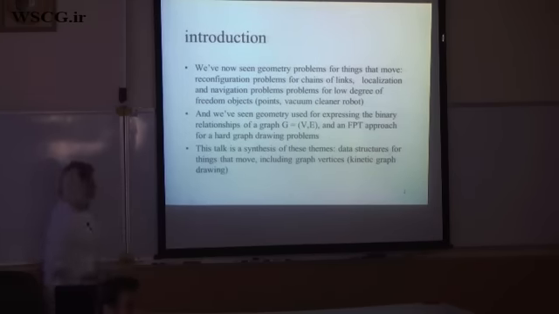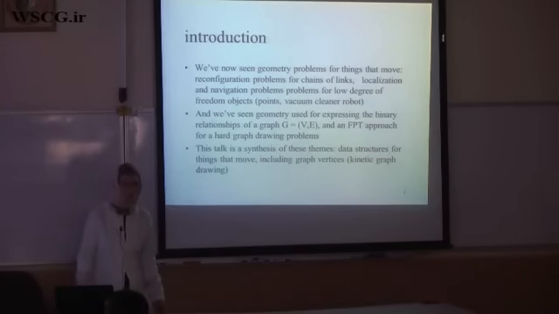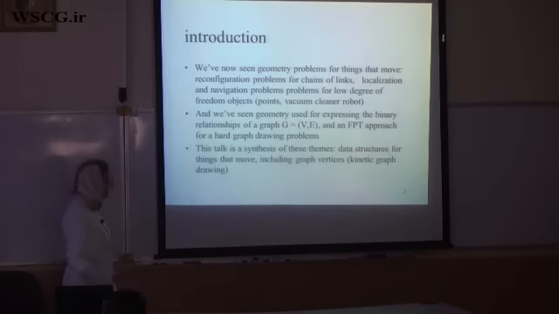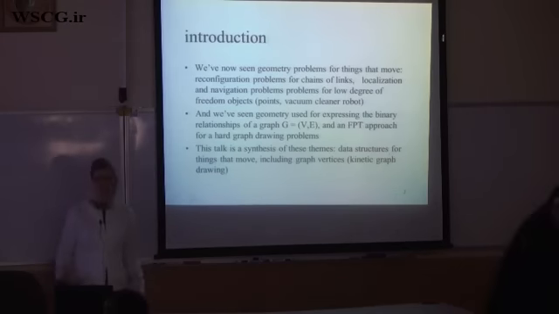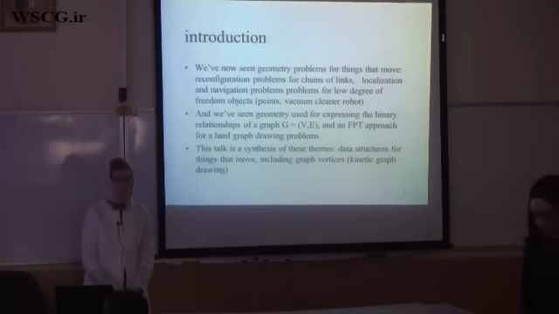We've been talking about geometry problems for things that move. You'll remember at the beginning we talked about reconfiguration problems for chains of links. Can you move from one configuration to another? So some movement idea involved there. And then we also talked about navigation problems and localization problems for robots.